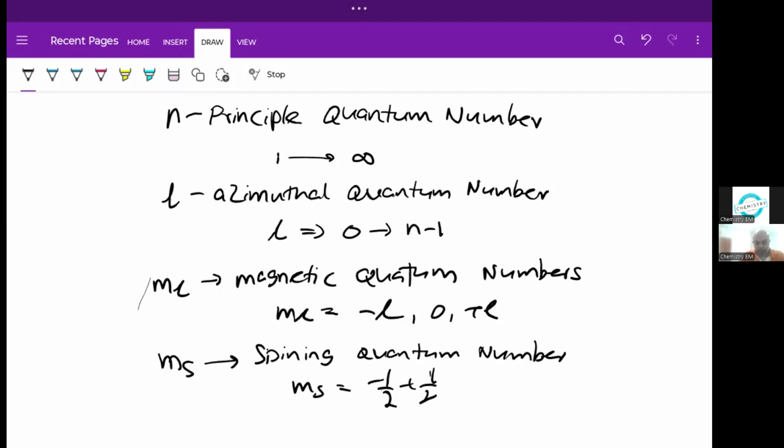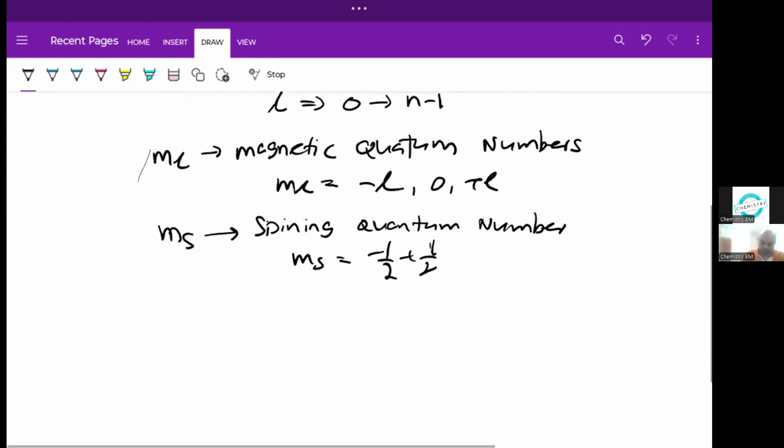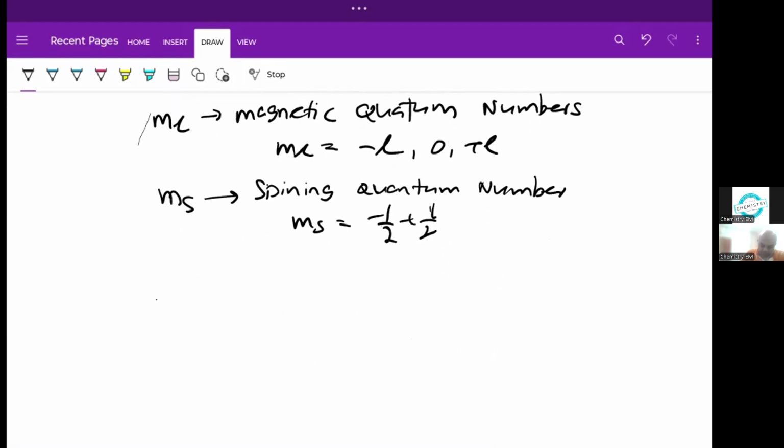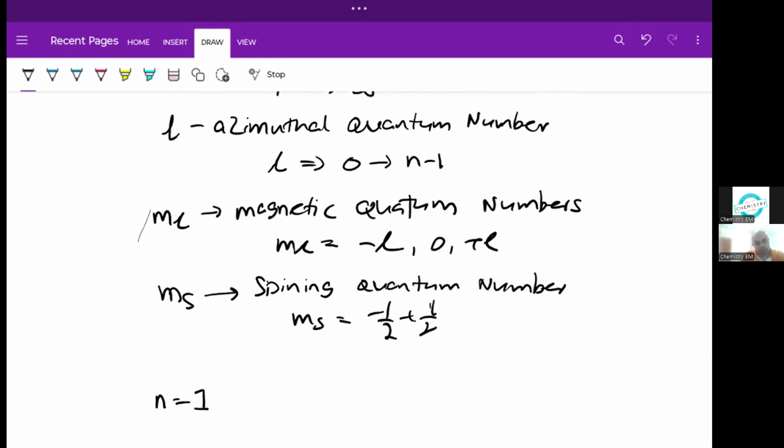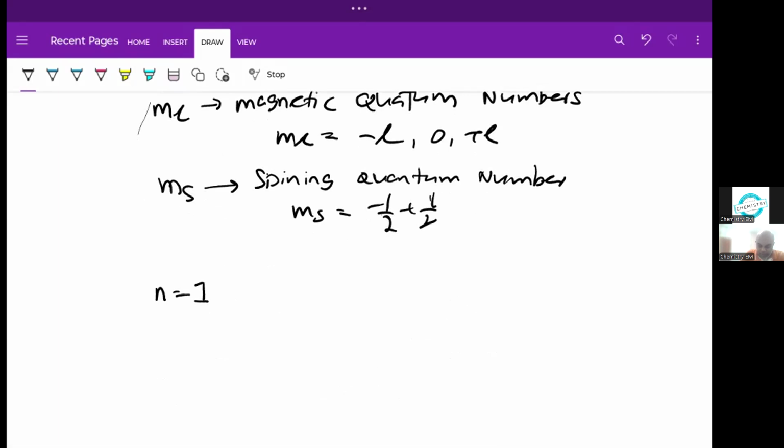So let's try to figure out some examples on this one. For an example, if n is equal to 1, this is principal quantum number. The L values, azimuthal quantum numbers, are varying from 0 to n minus 1. So n equals 1 is having L equal to 0.